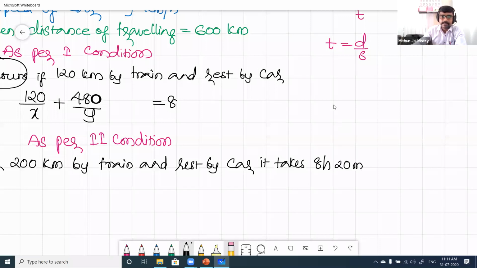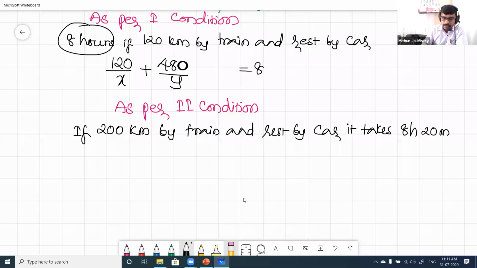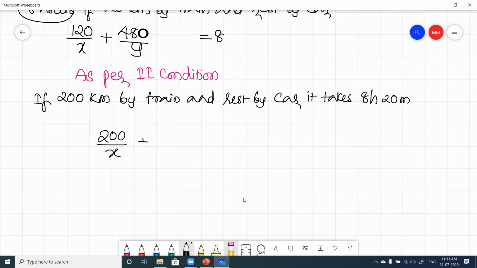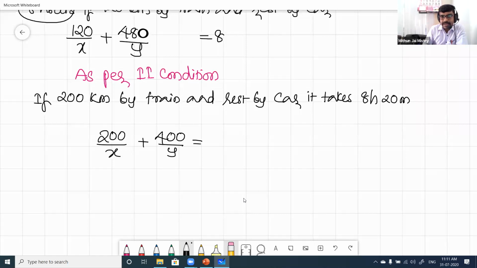Done. So now 200 kilometers by train. So 200 by the speed of the train x, plus the remaining distance is 400. So 400 by the car speed y equals 8 hours 20 minutes. Previously it was pure 8 hours. See children, here this is the time.